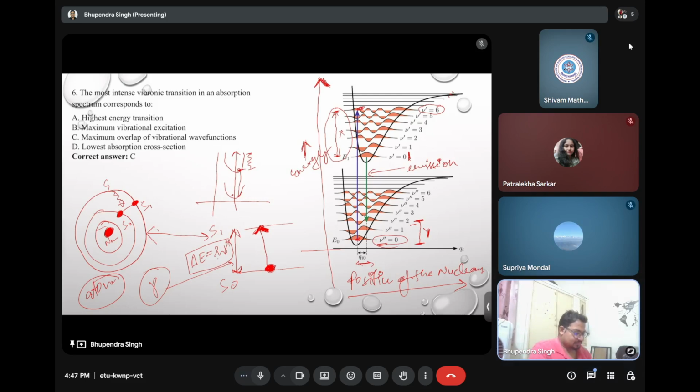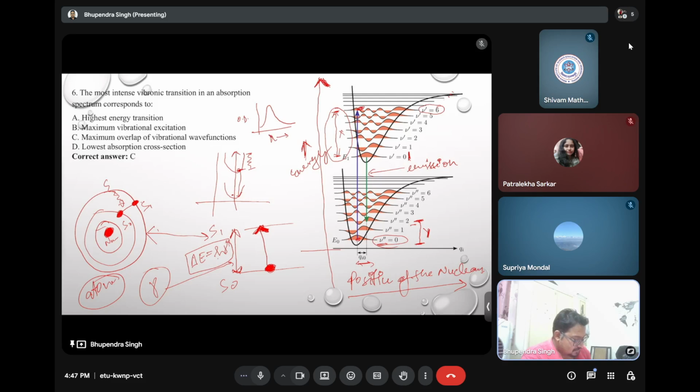So it is like if this is your absorption, this is OD, this is wavelength, right?